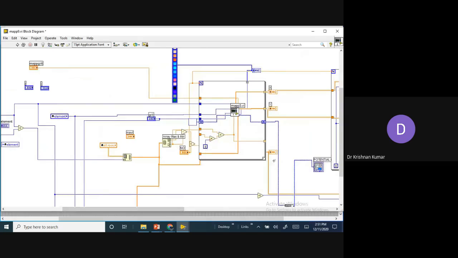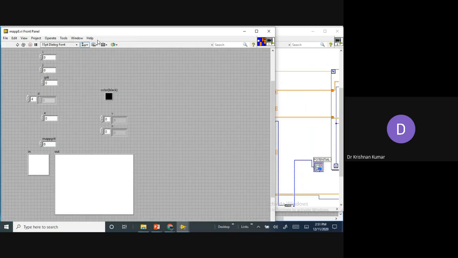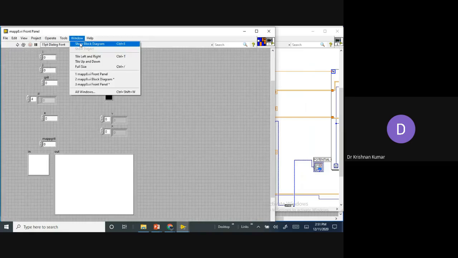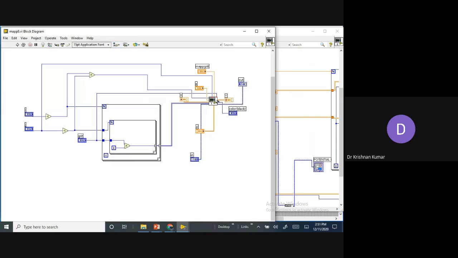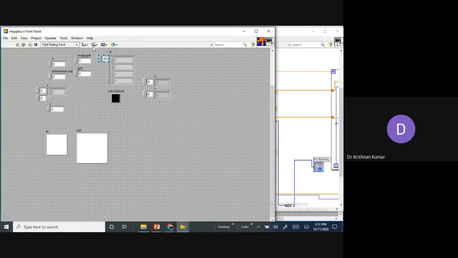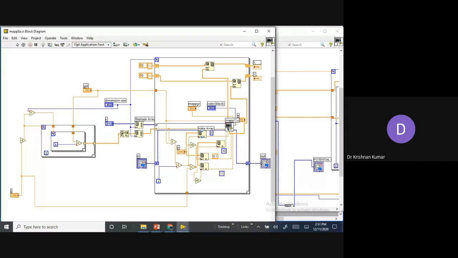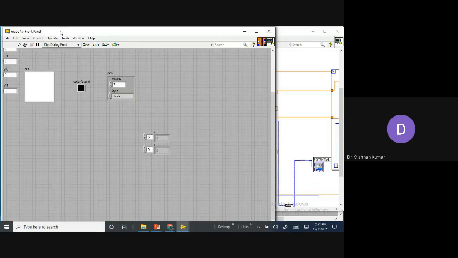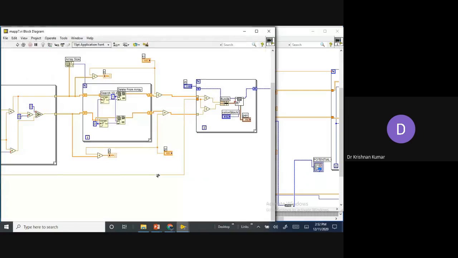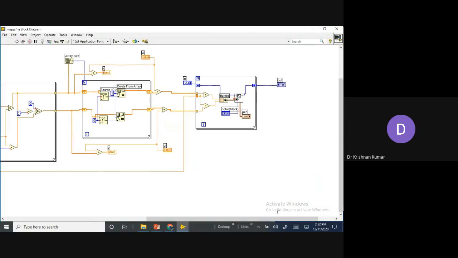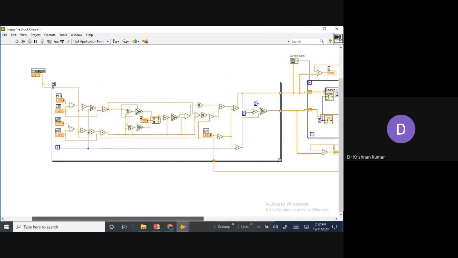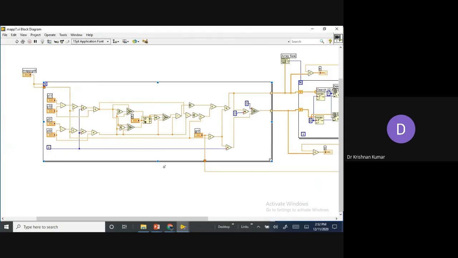Now, the principle of how this mapping is done. I will show the principle. These are integrated with sub-VIs. This is actually the principle, the brain behind it.